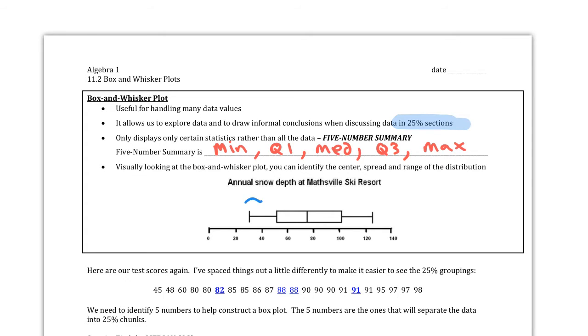So there's 25% of the snow depths every fall between what looks like about 30 and maybe 52. 25% fall in that left-hand box, 25% in the right-hand box, and then finally 25% on the whisker. So it just gives us a way of organizing the data and seeing where most of the data points fall. So below this we see a list of test scores.